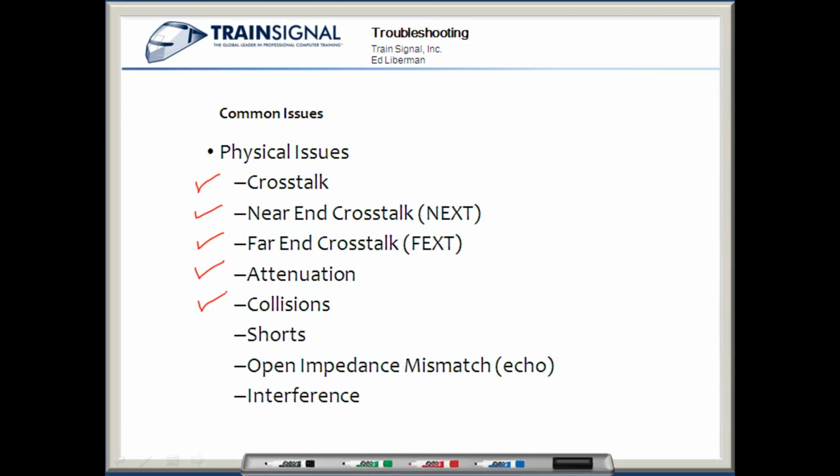Now, a small number of collisions is completely normal on an Ethernet network. The reason we call it collision detection is because we can have some collisions. We will detect those collisions, and we'll try again. And eventually the signal will get there.